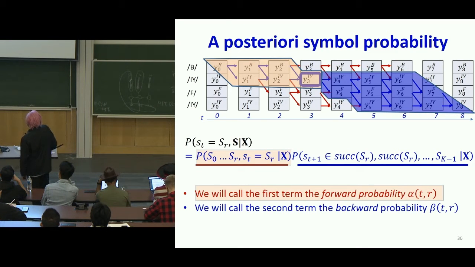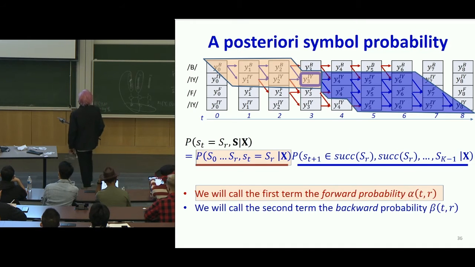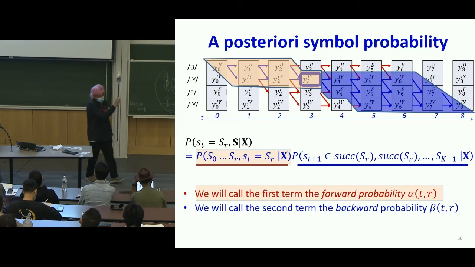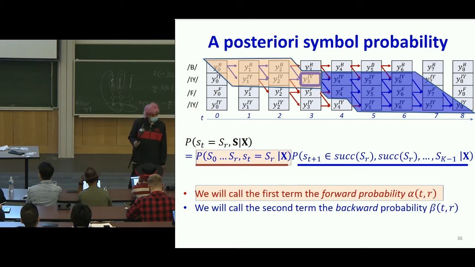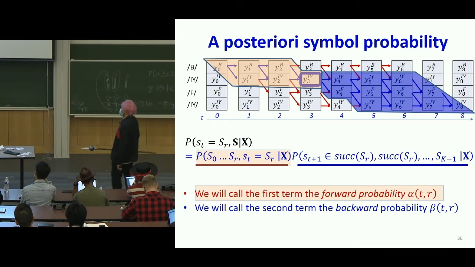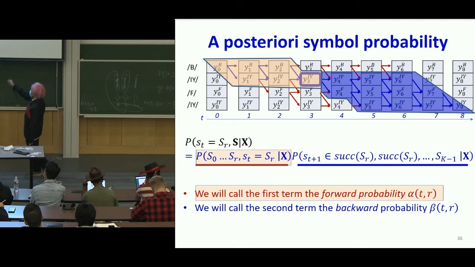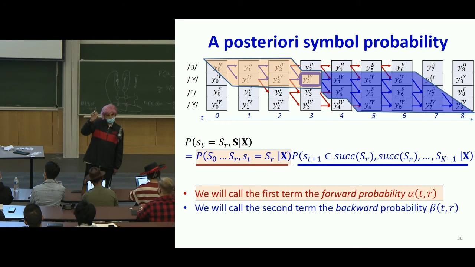That is the probability of the red portion of the subgraph, which I will call alpha TR. So what is alpha TR? Alpha TR is the total probability of a subgraph that starts at the origin and ends at the rth symbol at time t, times the second term over here, which is the probability of the blue portion of the subgraph, which I will represent as beta TR, which is the probability of the subgraph that follows the node representing the rth symbol at time t. So are alpha and beta making sense to you guys?